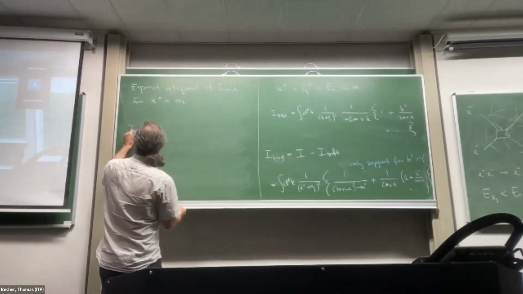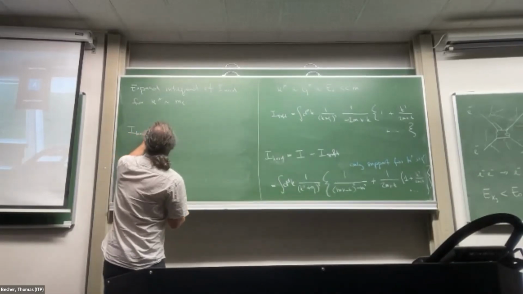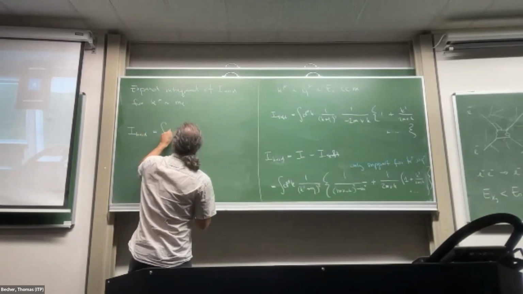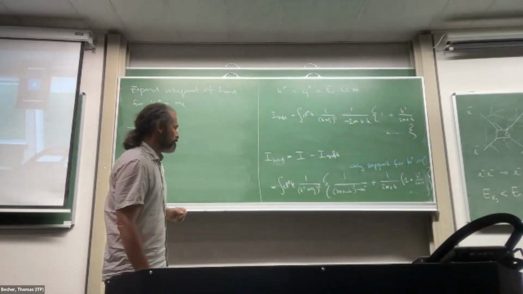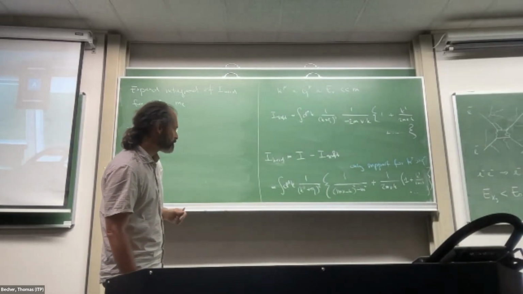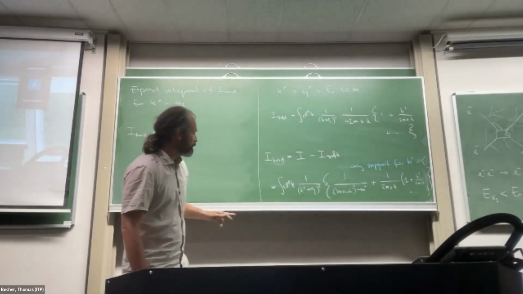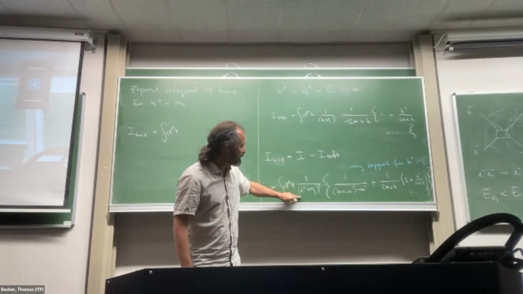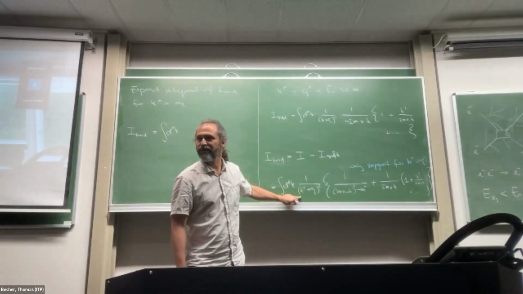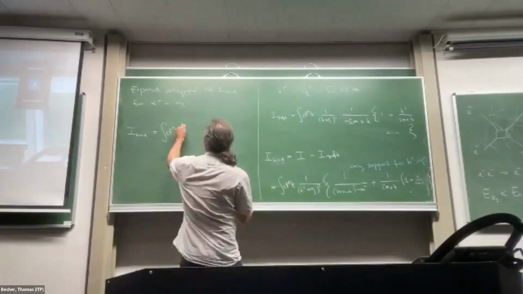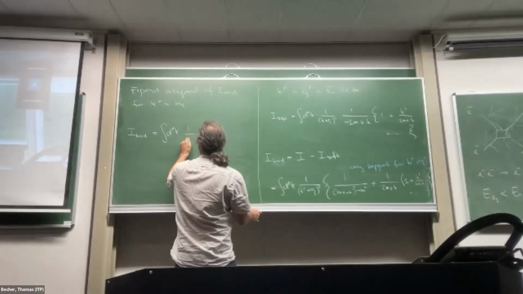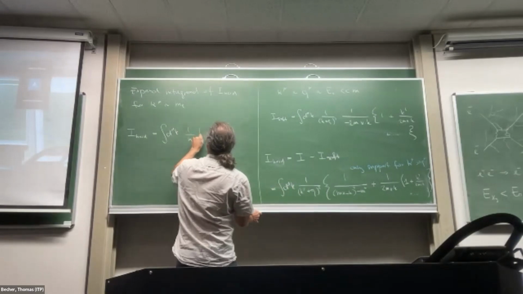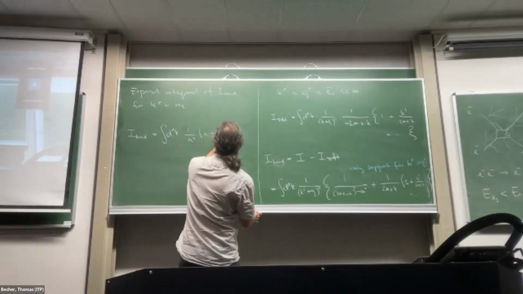So the I hard is integral dk. In this bracket here, I have k plus q. Q is now very small. So this first term becomes a 1 over k squared, and then a long series.